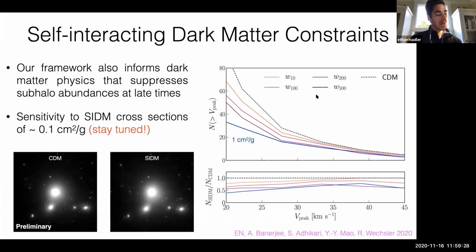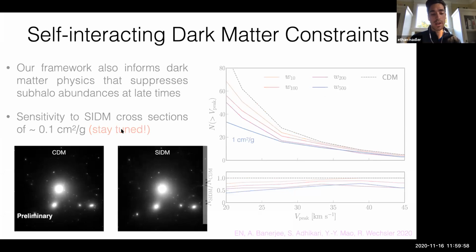And what we found is that the suppression of the subhalo mass function is actually quite sensitive to the amplitude of the SIDM cross-section at the velocity scale that is set by a subhalo falling into the Milky Way. In particular, a model with like a 1 centimeter squared per gram cross-section there is extremely suppressed in terms of subhalo mass function relative to CDM. So this means that our observations are sensitive to SIDM cross-sections of order 1 centimeter squared per gram and smaller.